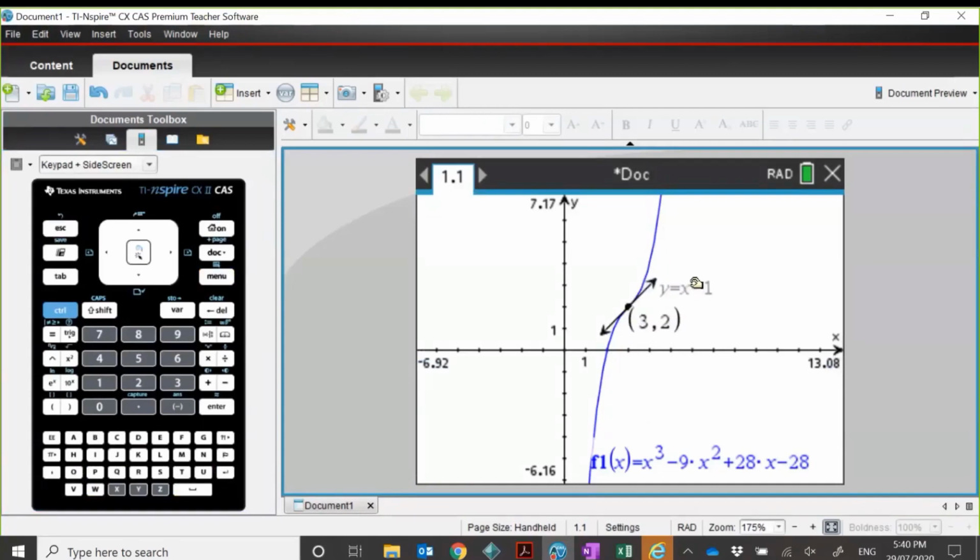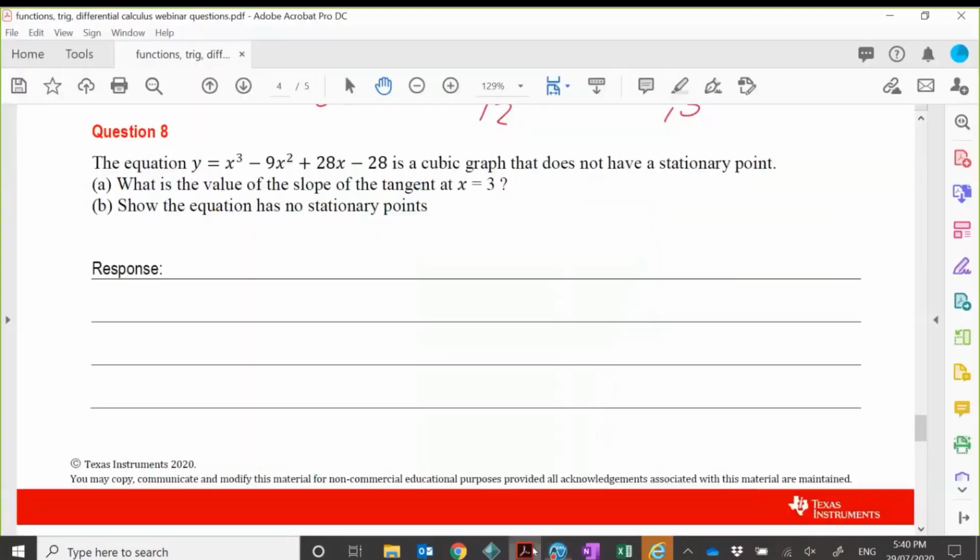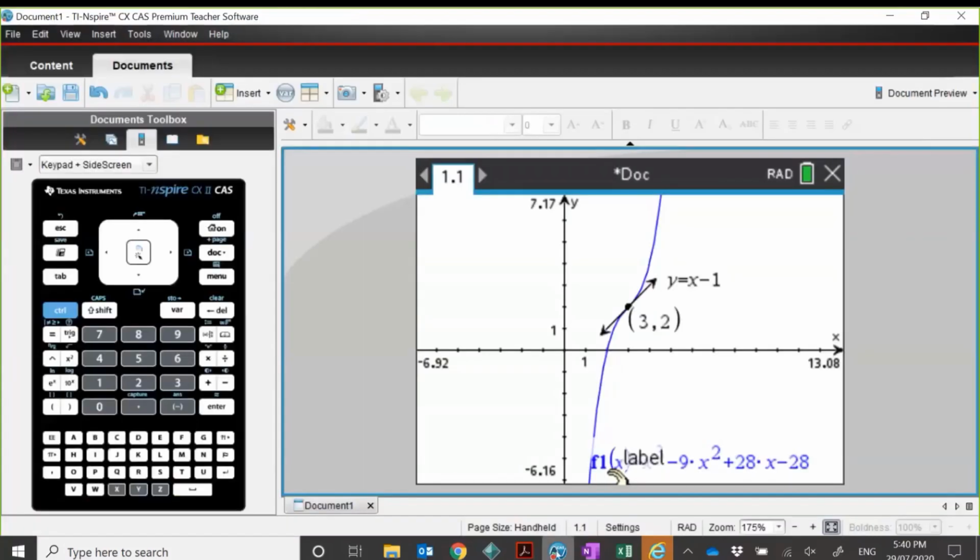Let's move that out of the way so we can see it. There is my tangent line, and it even gives me the equation of the tangent. And I can see by the coefficient of x, which is 1, that the gradient of that tangent is 1. And so straight away, part A, what is the value of the slope of the tangent at x equals 3? The tangent has a gradient of 1.